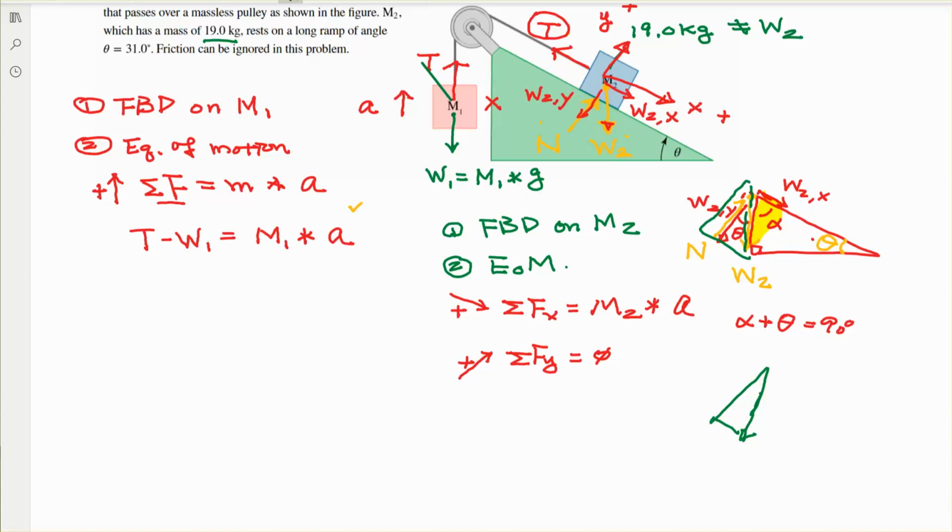This is your hypotenuse, which is W2. This is the angle theta. This is the W2y. And this one here is W2x.